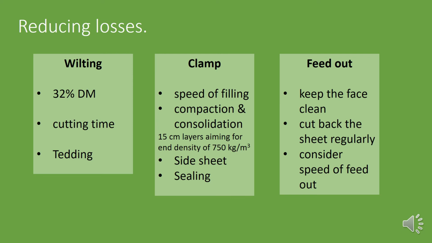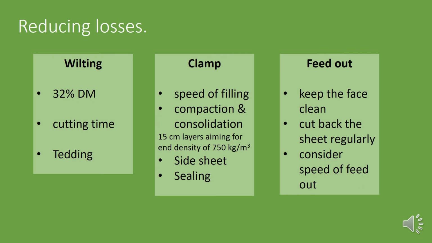So you would ideally ask your driver on the pit to be consolidating layers of about 15 centimetres and aiming for an end density of 750 kilograms per metre cubed. It's important to use a side sheet to reduce losses, and also seal the clamp as soon as possible after it's filled, even if it means asking people to stay on for a bit longer and making sure that the edges of the clamp have been sealed using gravel bags.